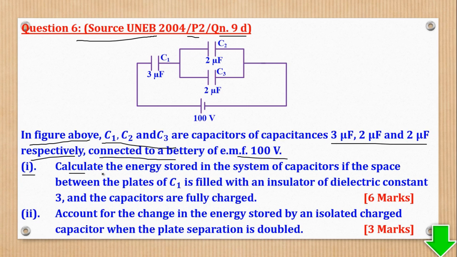Roman 1, calculate the energy stored in the system of capacitors if the space between the plates of C1 is filled with an insulator of dielectric constant 3 and the capacitors are fully charged. Roman 2, account for the change in the energy stored by an isolated charged capacitor when the plate separation is doubled. So let's start with Roman 1.